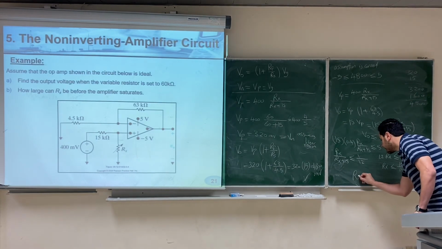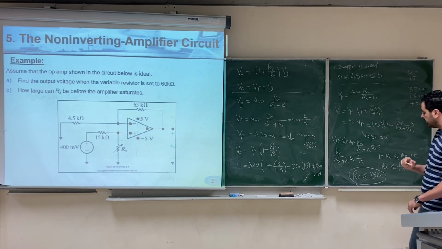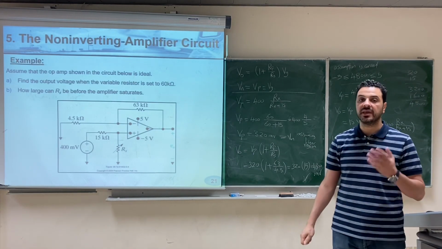So Rx must be less than or equal to 75 kilo ohm. This is the maximum Rx that allows this circuit to operate without any saturation.